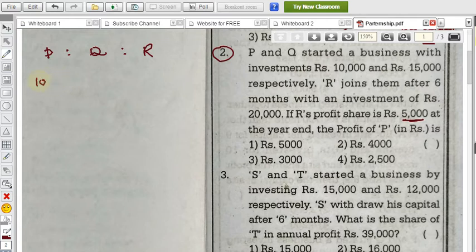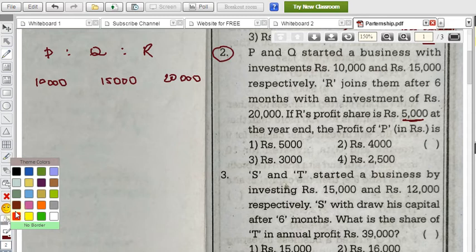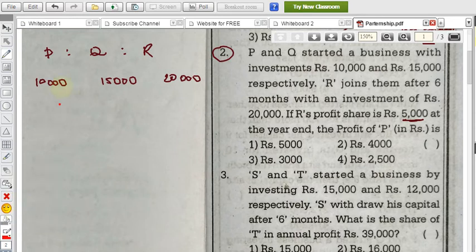So P is 10,000, Q is 15,000, and R joins after 6 months. That investment is 20,000. Now this is the capital, how much they invested. For this we need to multiply the time period.